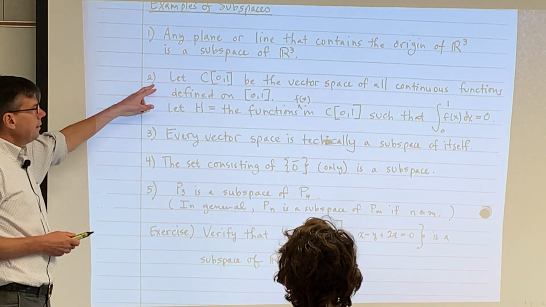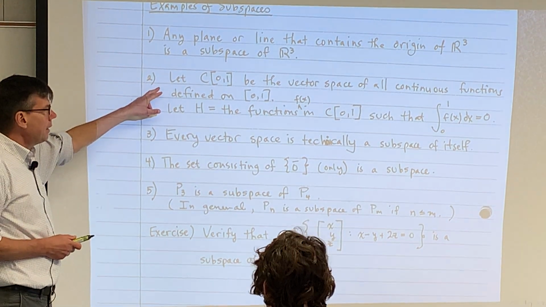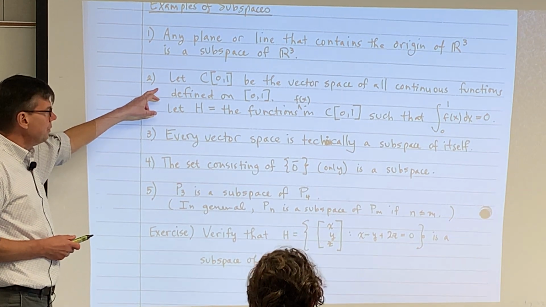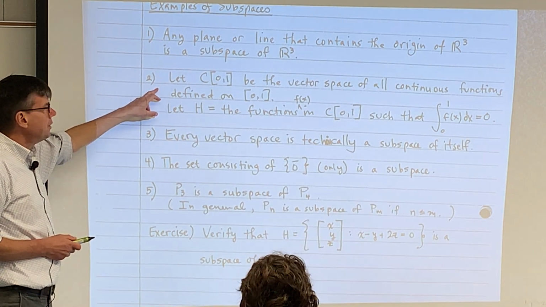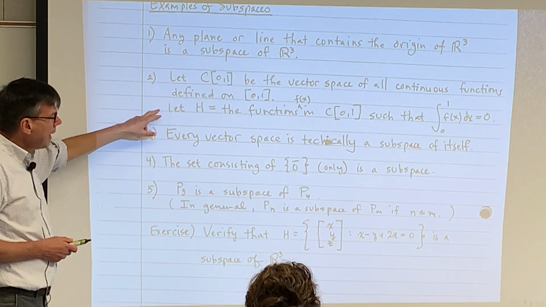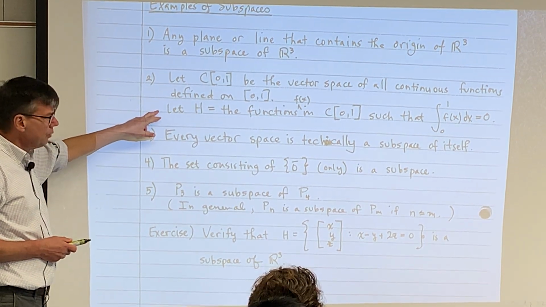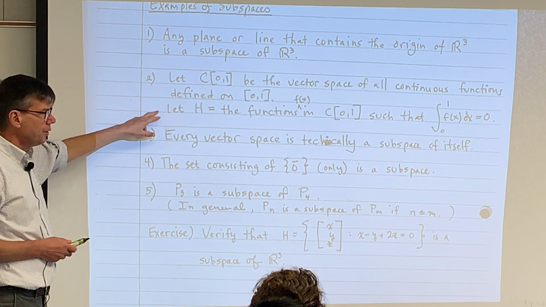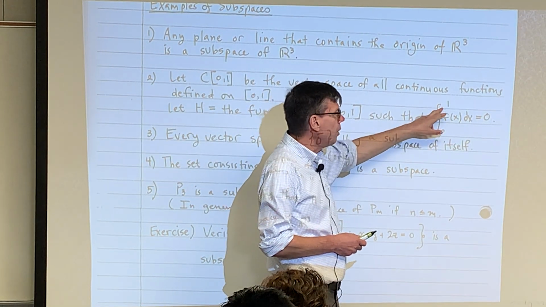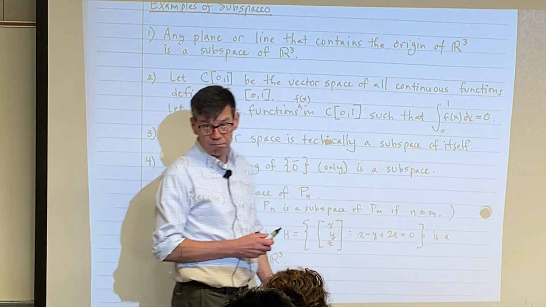Here's that C of the interval 0, 1 be this vector space of all continuous functions defined on 0, 1. Let H equal the functions in C of 0, 1 whose definite integral from 0 to 1 is equal to 0.